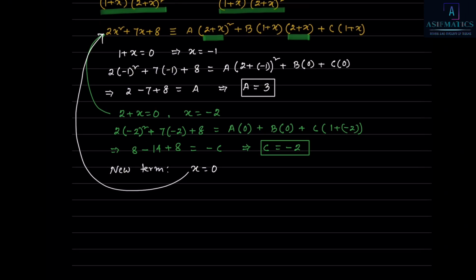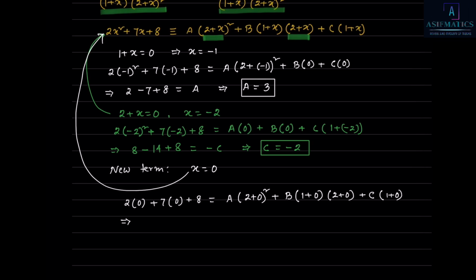What we can write here is 2(0) plus 7 into 0 plus 8 equals a(2 plus 0) whole squared plus b(1 plus 0)(2 plus 0) plus c(1 plus 0).